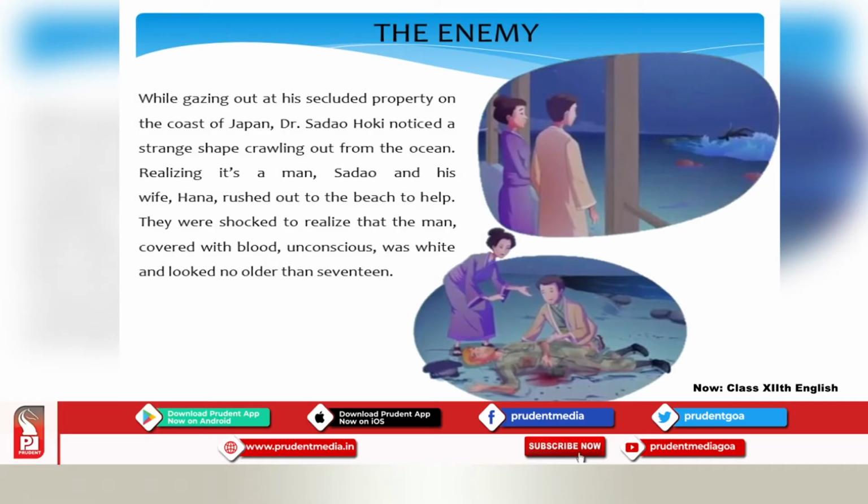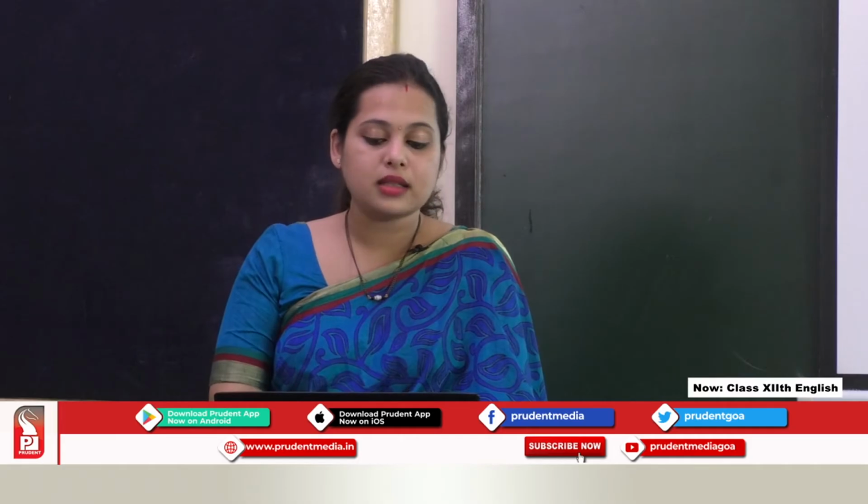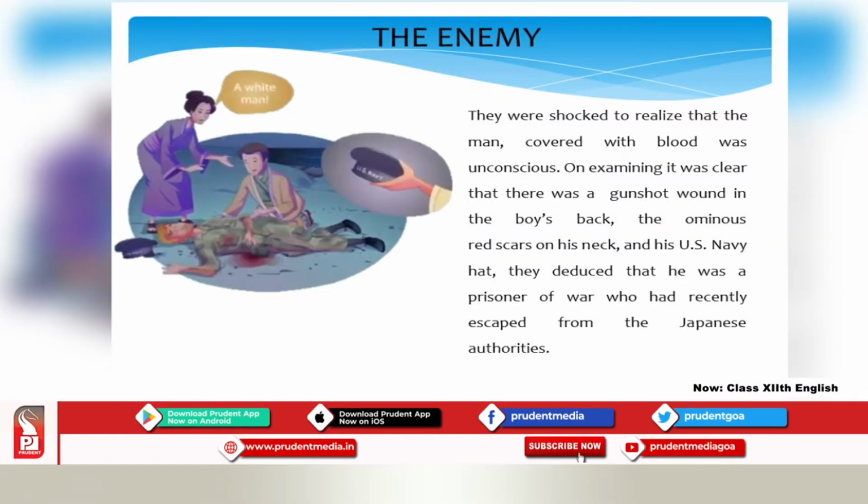And when they went there, they saw that there was a person who was covered with blood, he was unconscious, and yes, they did realize that he was a white man. They were shocked to realize that the man covered with blood was unconscious.